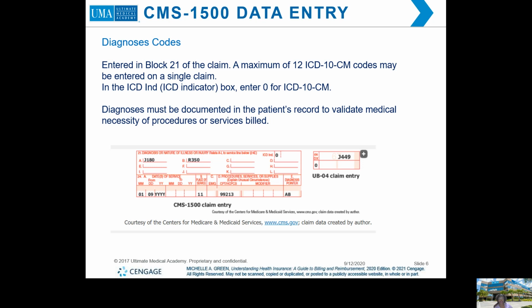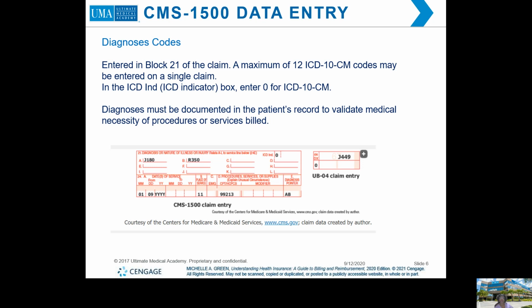And as you see, 99213, that is a CPT code. That is an office visit code. So, patient had an office visit, and the diagnoses are in block 21A and 21B.